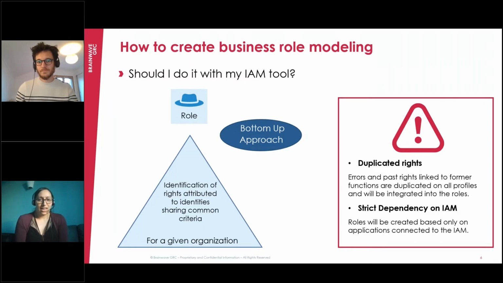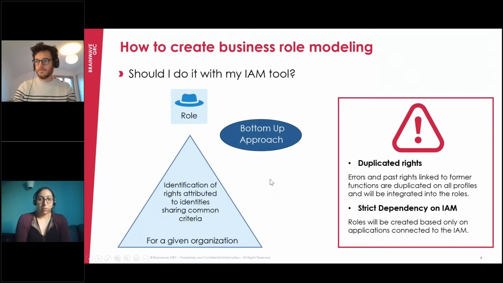But if you're just starting in your identity and access management journey, if your IAM solution only has 3, 4, or 10 applications onboarded, and especially if you work in the industry in factoring and other kinds of companies where you may have lots of engineering applications that may not always be known by the information system teams, then the scope of your roles may not be relevant enough and may not have enough applications in order to constitute business roles and technical roles that will actually make it more efficient for you to grant accesses to your employees.